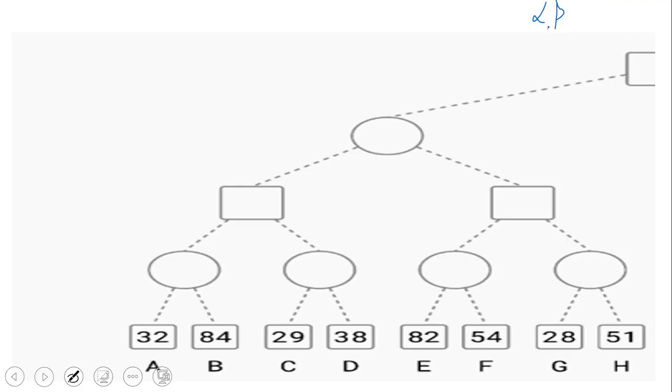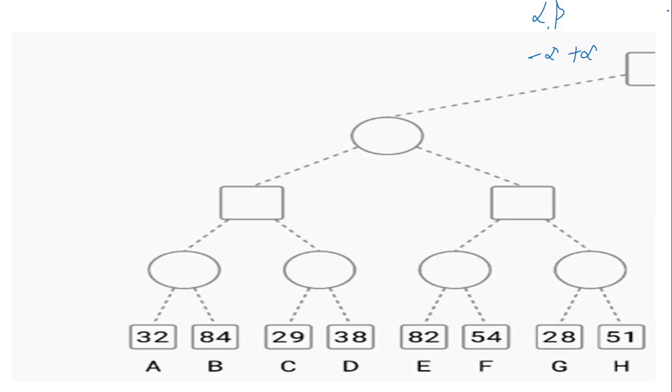Always alpha starts with minus infinity and beta starts with plus infinity. Alpha is the value at the max node, and beta is the value at the min node. So alpha is minus infinity, beta is plus infinity.